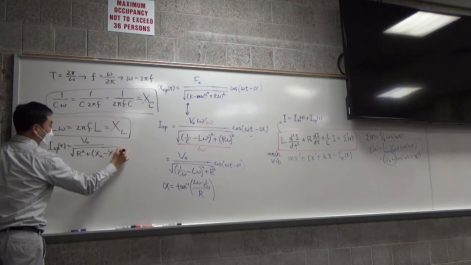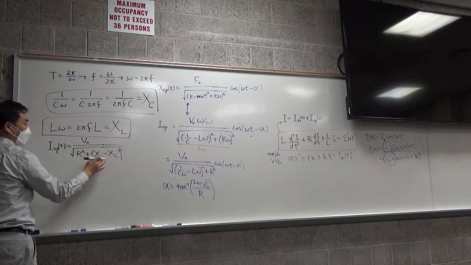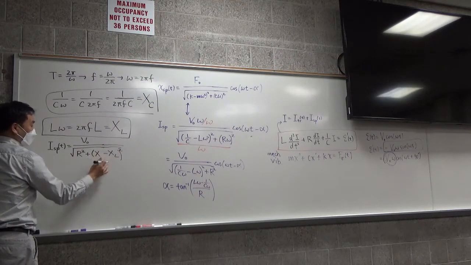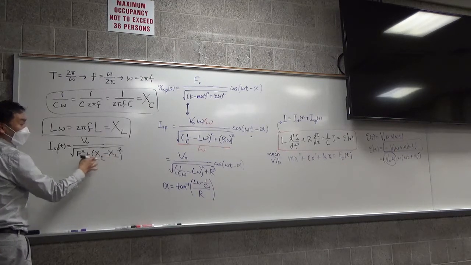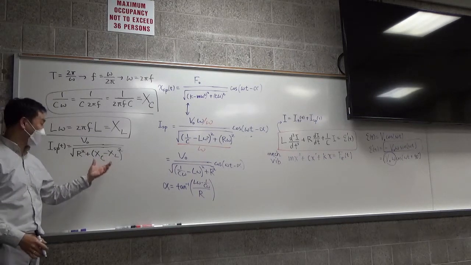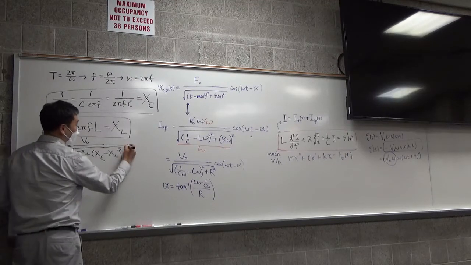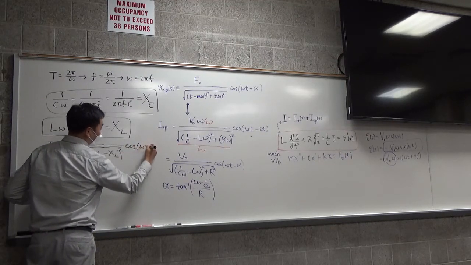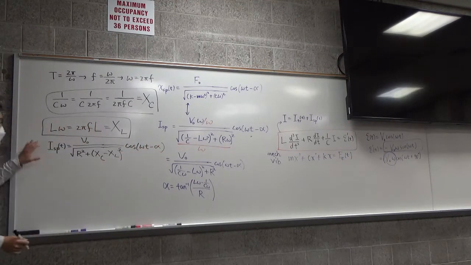And by the way, because this is squared, it doesn't matter if you do XL minus XC or XC minus XL. They're just off by a negative sign, so it's either way. And cosine omega t minus alpha. So that's what you get as the steady periodic solution.